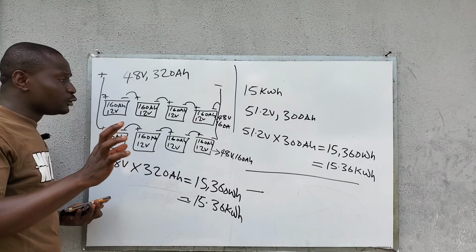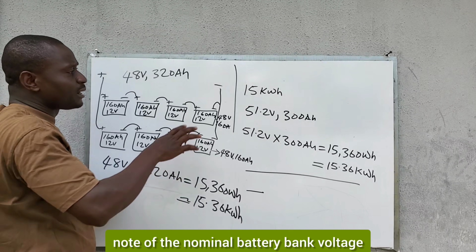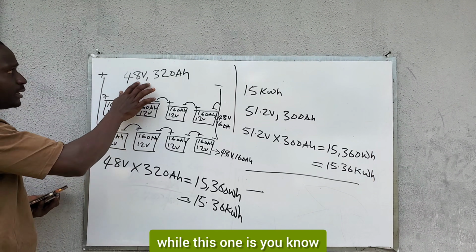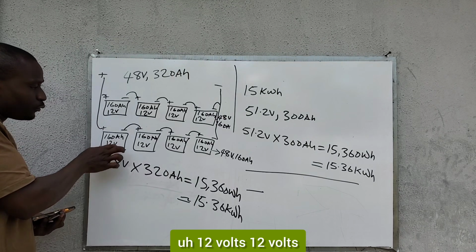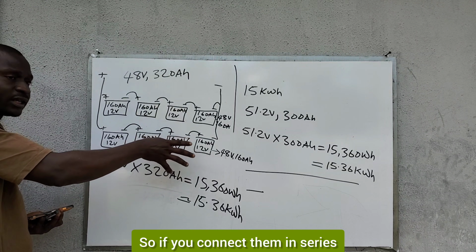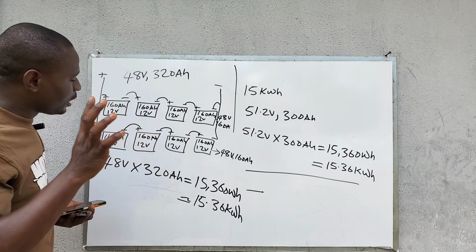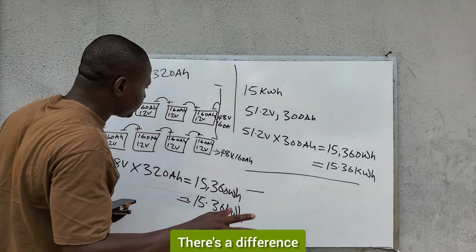Now, take note of the nominal battery bank voltage. This one is 51.2, while these are 12 volts each, and if you connect them in series you will have 48 volts. But there's a difference.